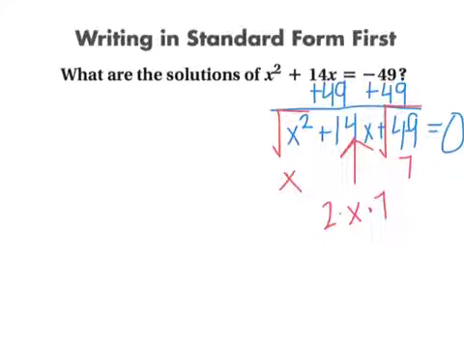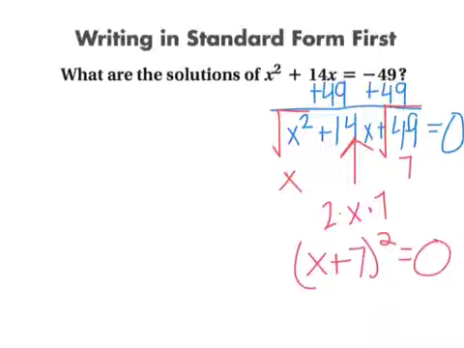That tells me this is a perfect square trinomial. So my factors are x plus 7 quantity squared equals 0. Okay, that's my actual factored equation.